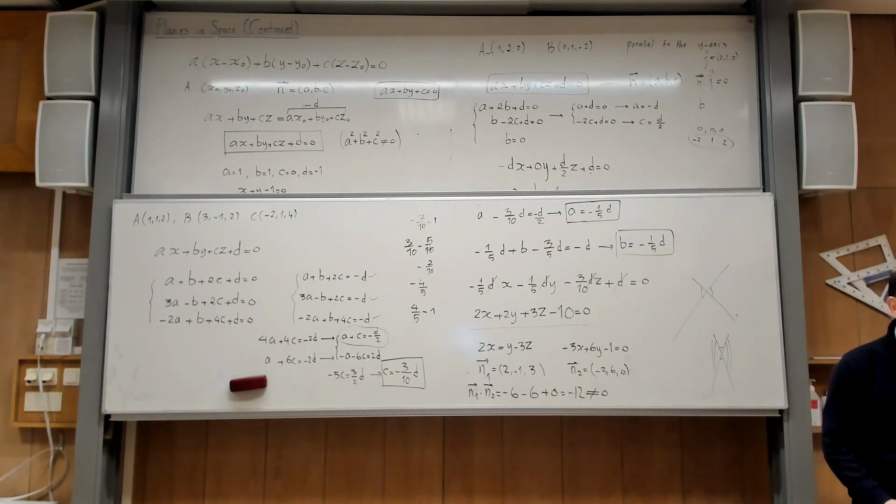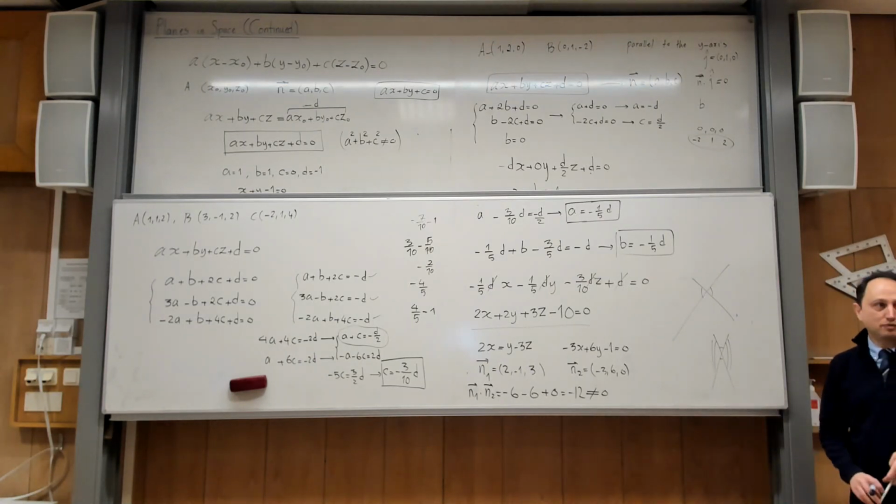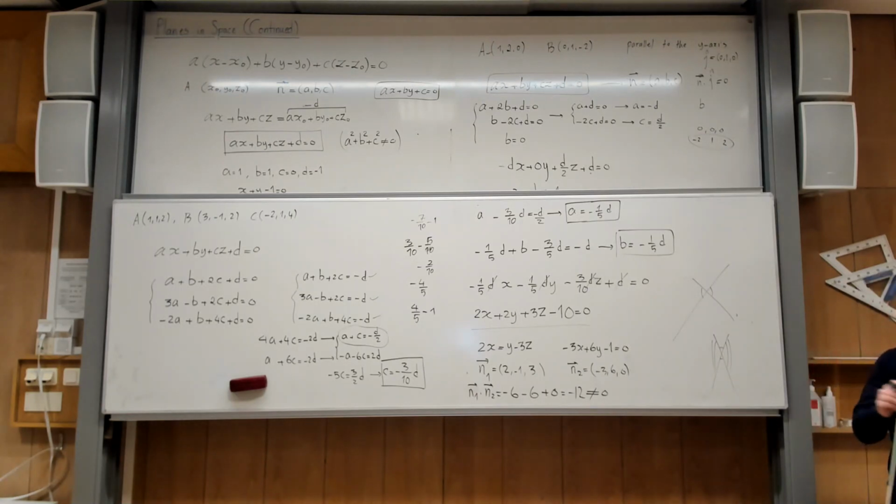Do you understand? What Ruben is saying is that instead of calculating the angle between the planes, let us calculate the angle between the normal vectors. And he is claiming that that angle is exactly the angle between two planes. Is that right? That is very close to the truth, but not 100%. Why is that?